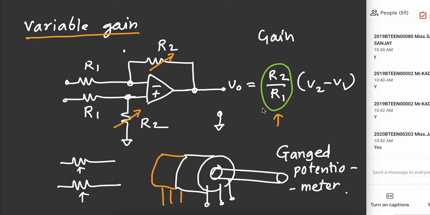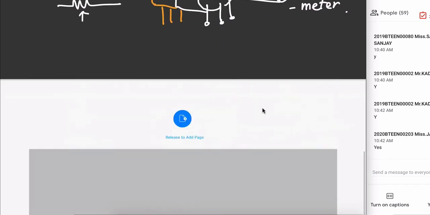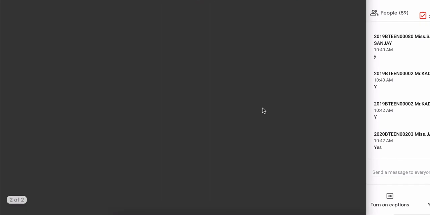Now the problem is that we could solve this problem of two resistors being required to be adjusted simultaneously. We somehow did it, but what creates a problem is tracking of these two resistors.